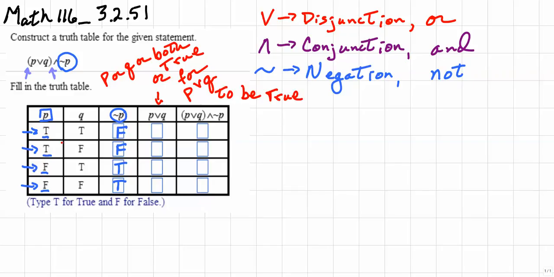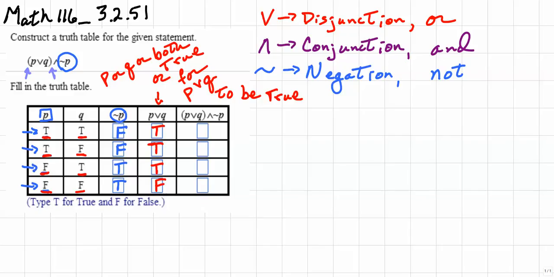Which means that when I look at this, this is true, therefore P or Q is true. This is true, this is false, therefore P or Q is true. This is false, but this is true, therefore P or Q is true. But now here, both of these are false, so that means P or Q will be false.